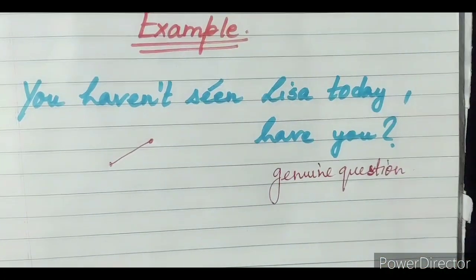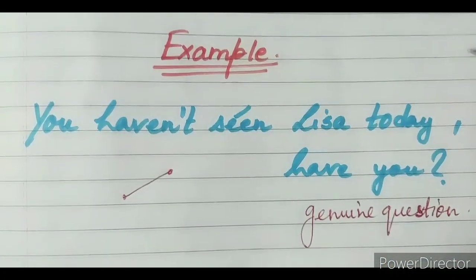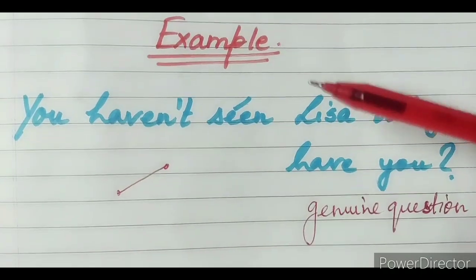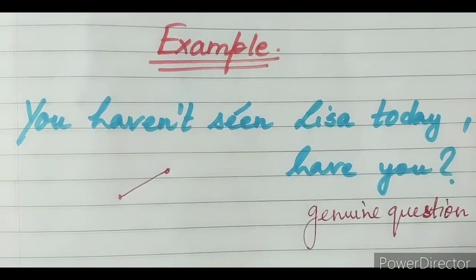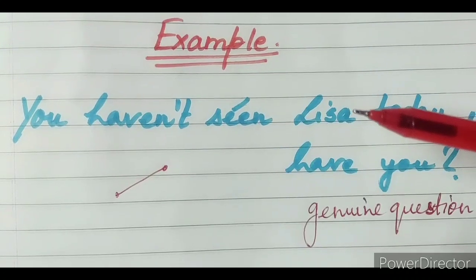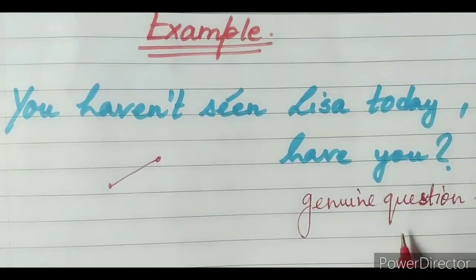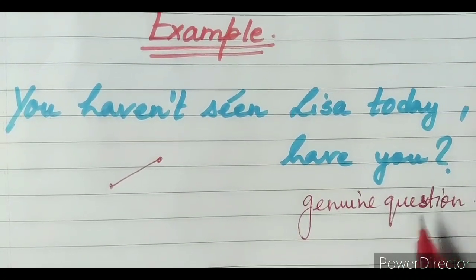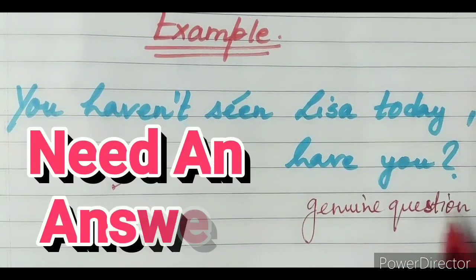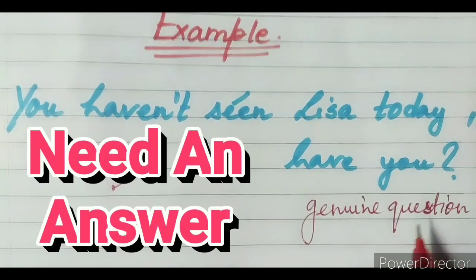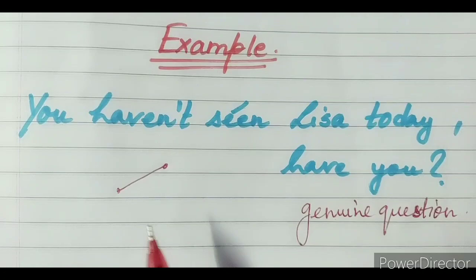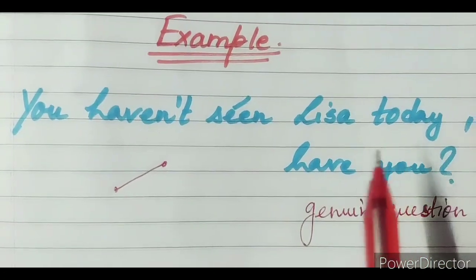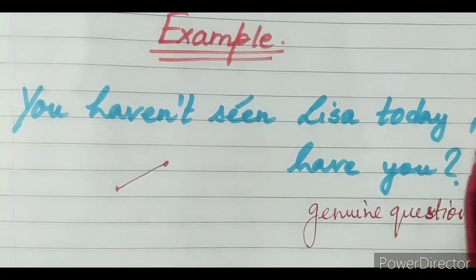Now children, unlike the previous sentence where I was seeking a confirmation or an agreement, over here I'm asking a genuine question where I want an answer. I want a clear-cut answer. So maybe the person would say that no, I haven't seen Lisa today, right?